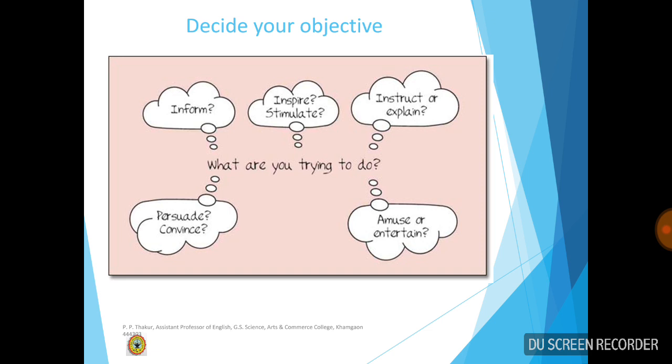Sometimes a presentation may be done for instructing something or explaining something, as this presentation is doing. This presentation is trying to explain how to give good presentations. The aim of a presentation may be simply to amuse or entertain also. So you should first decide what your objective is or what your objectives are, and then you should plan your presentation accordingly.